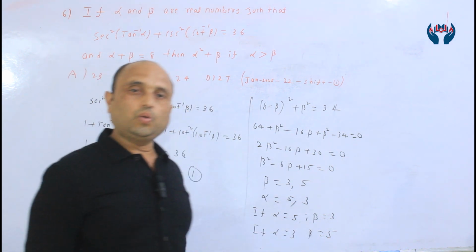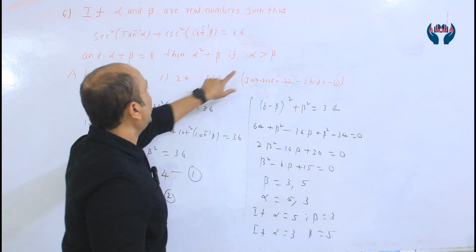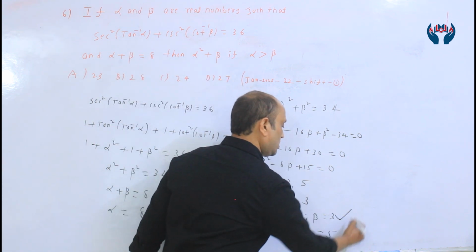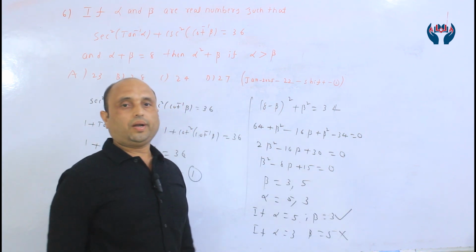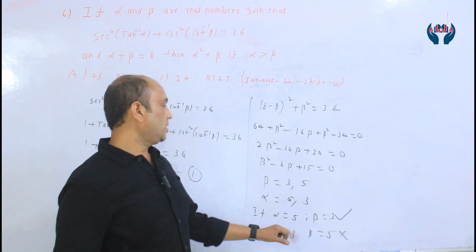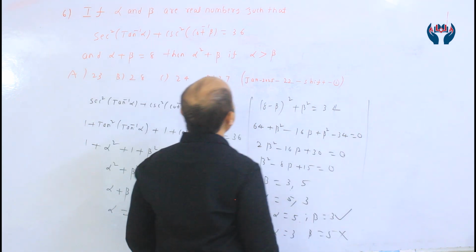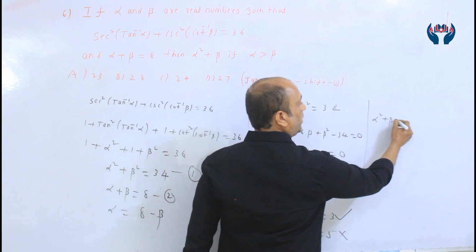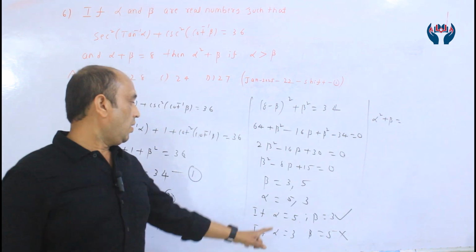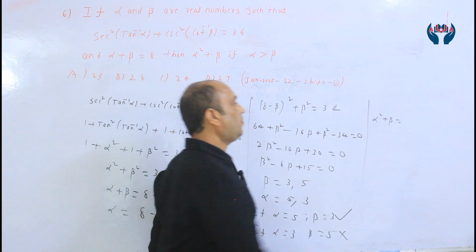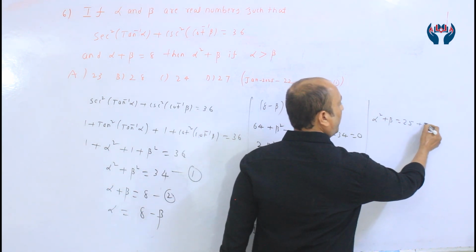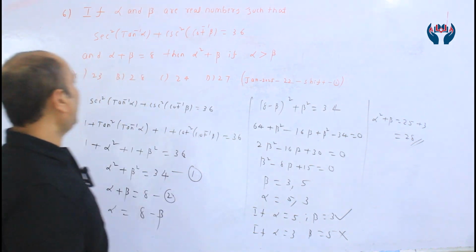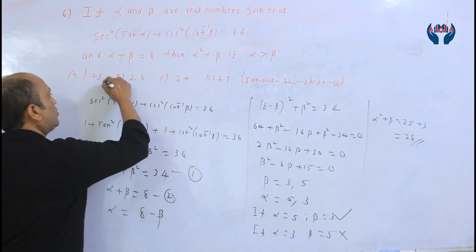But already another condition is given, alpha greater than beta, so just select this one and don't take the other. Using this, find the value of alpha square plus beta. Alpha square is 25, 25 plus 3 equals 28. This is the right answer. So the second option is true.